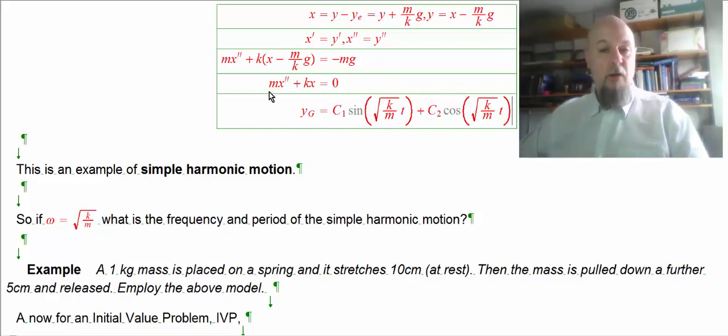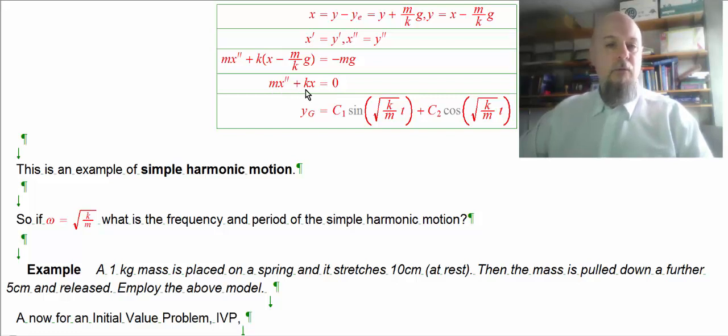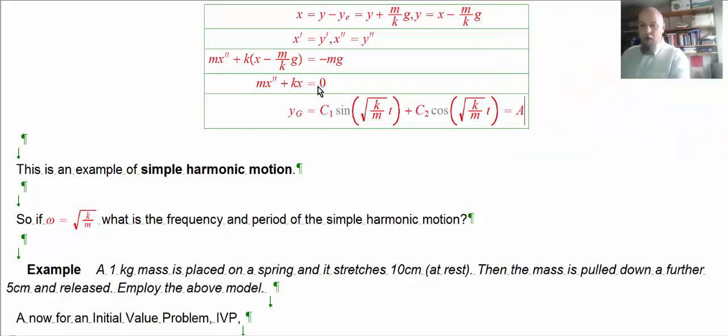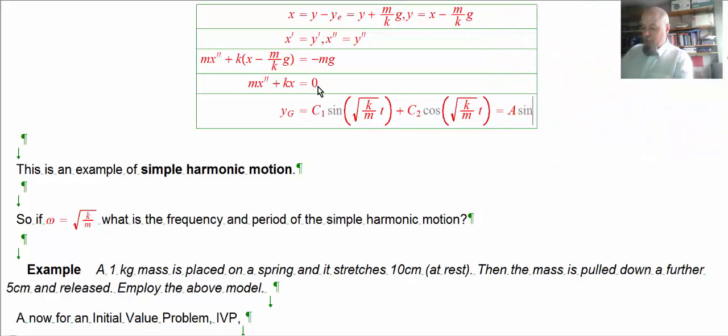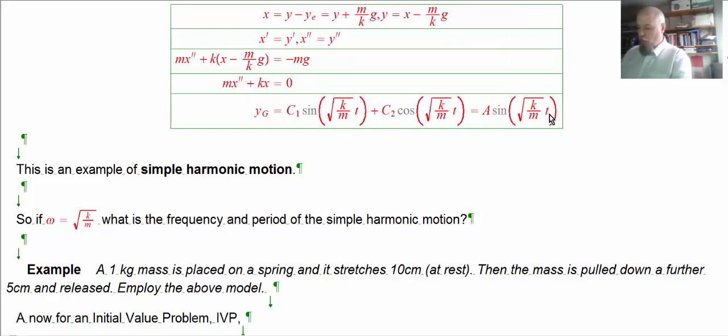Simple harmonic motion is represented by the mass times the second derivative of position plus the spring constant times the position. We also remember that we can write this in one shifted sine function if we want.